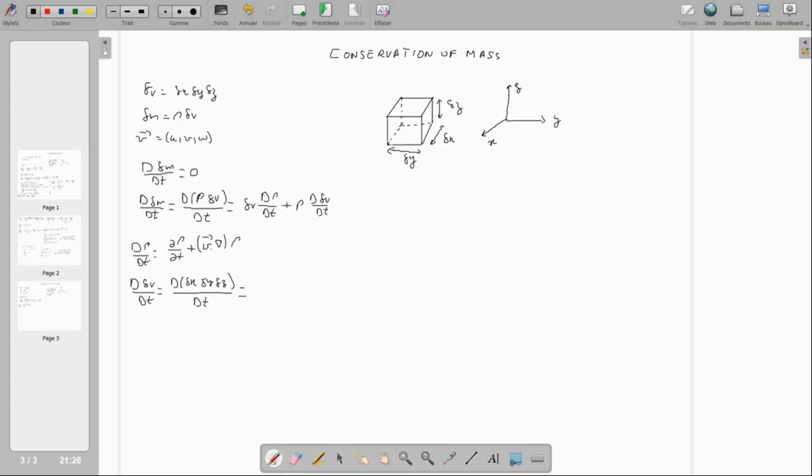So by using the product rule, we get delta y delta z times d delta x over dt plus delta x times delta z times d delta y over dt plus delta x delta y d delta z over dt.